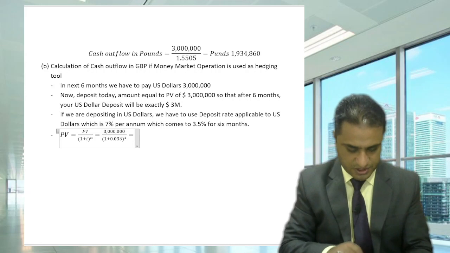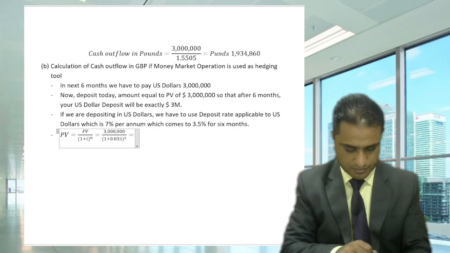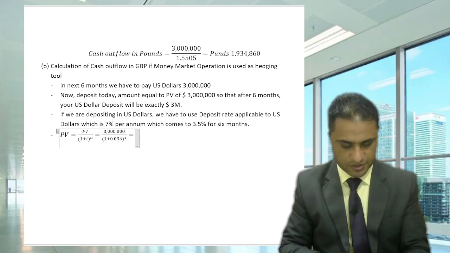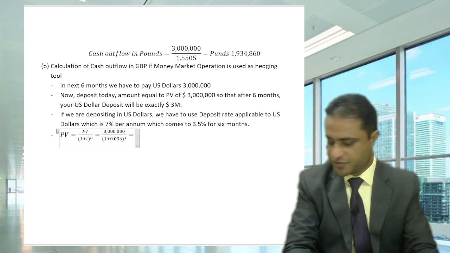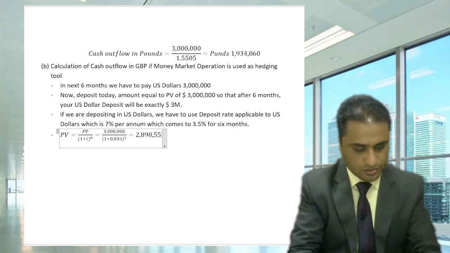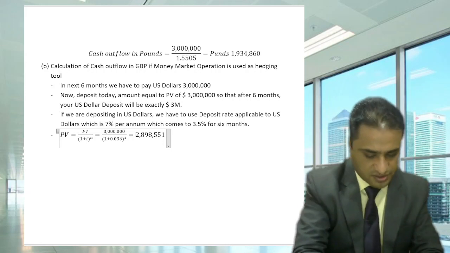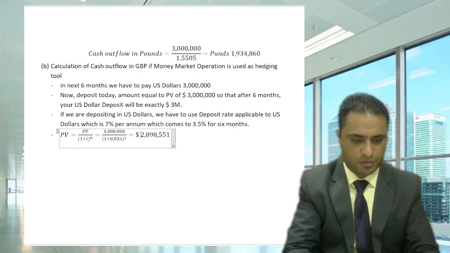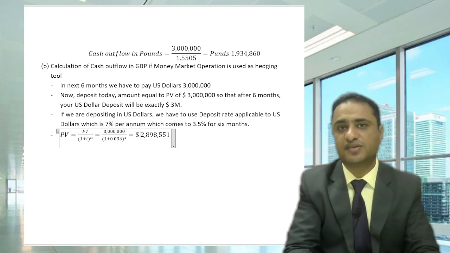So let's calculate it. We get 3,000,000 divided by 1.035, which comes to 2,898,551. This much amount of dollars we will have to deposit today into the bank, which will become exactly $3 million at the end of 6 months.